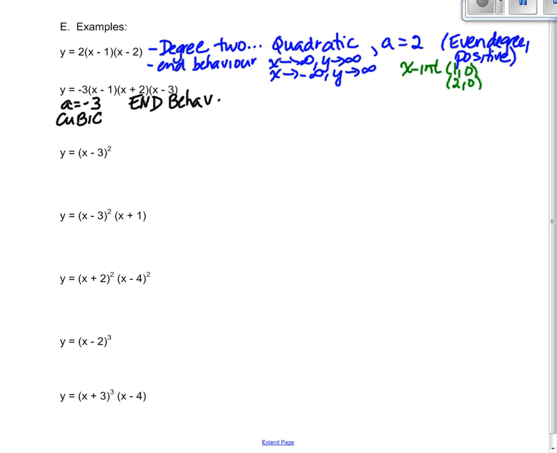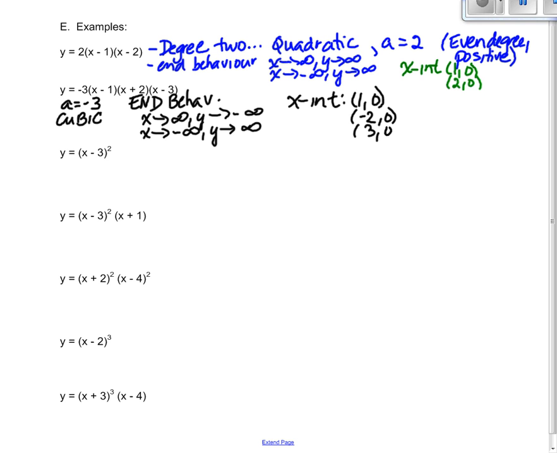As x goes to the right, the function itself goes downward because of the negative leading coefficient. As x goes to the left, the function gets larger. I know that I have 3 x-intercepts because it's in factored form: 1, -2, and +3.